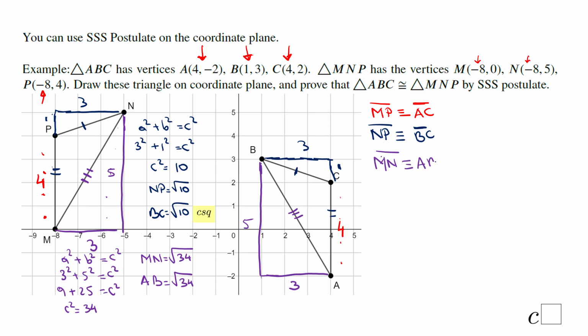Because they have the same measure of square root of 34. So now we can say what? Triangle ABC is congruent with triangle MNP by the SSS postulate. So it looks like a proof here, this one, and yeah, I'm trying to justify using a type of proof. Okay, so this is this example.